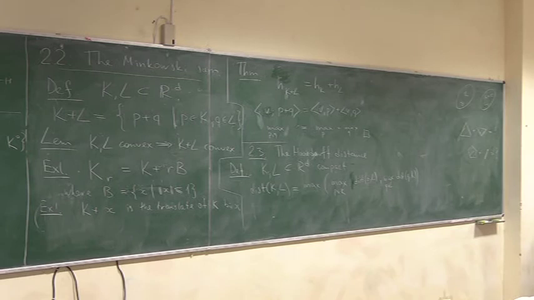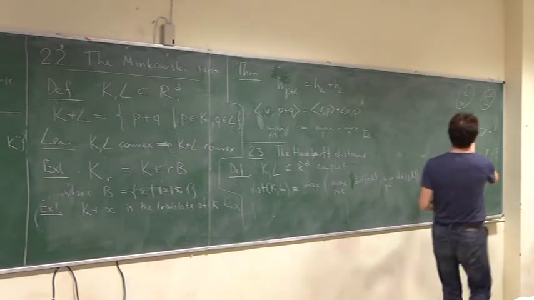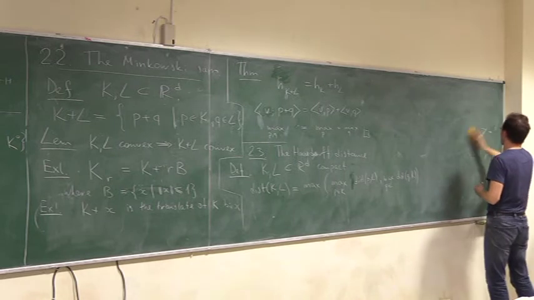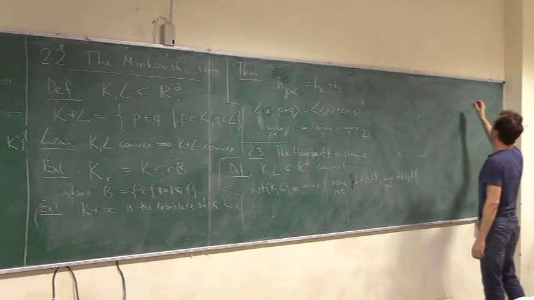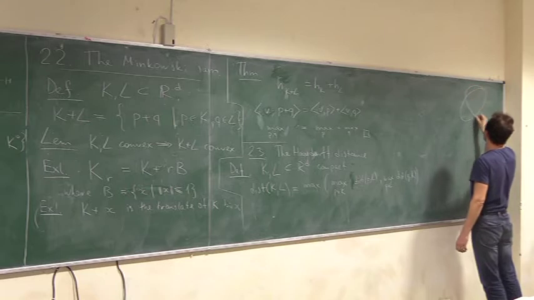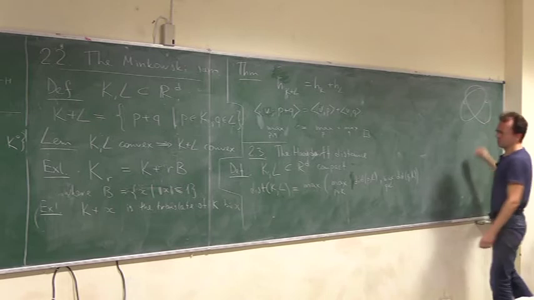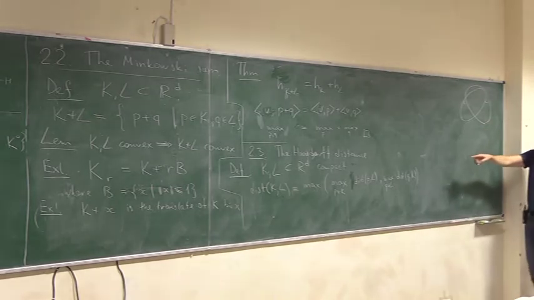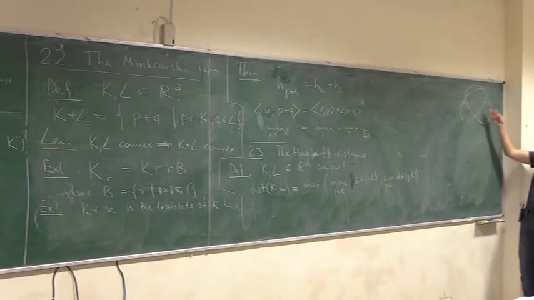But the definition becomes better if one explains it with a picture. Okay, but first let us draw a picture. So this is a body K, and this is the body L. So what do we take first? We take the maximum over all points P in K of distances from them to L. So which point is the furthest point from L?